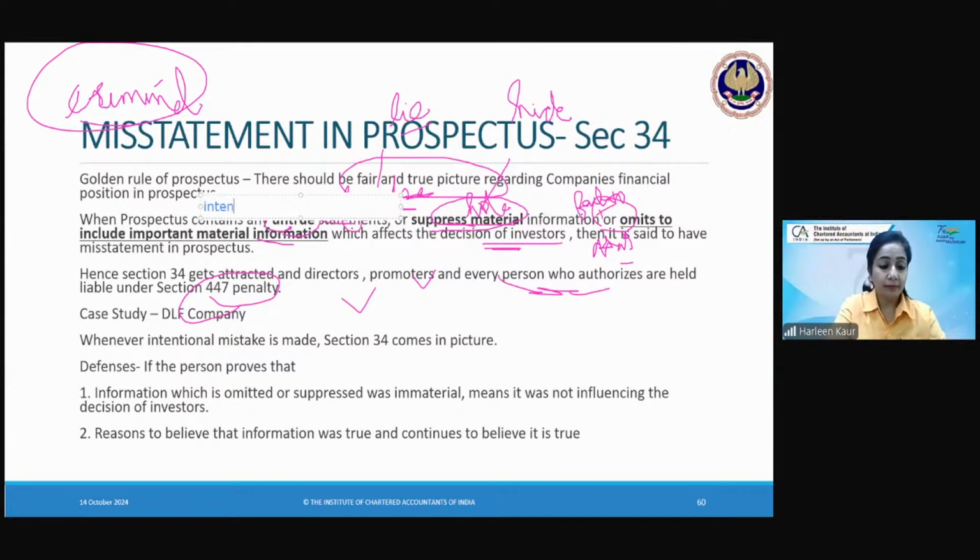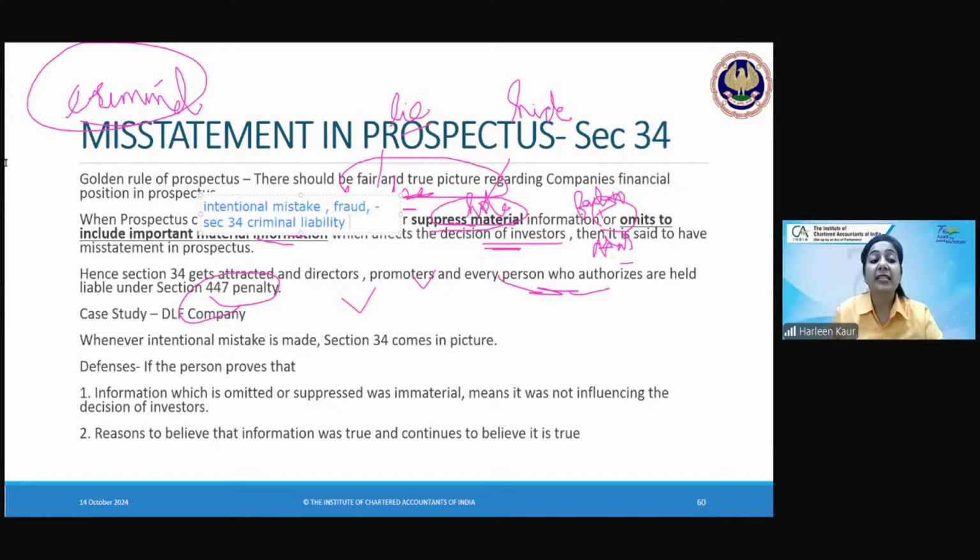Intentional mistake, trying to create a fraud, then Section 34, criminal liability, will come into the picture.